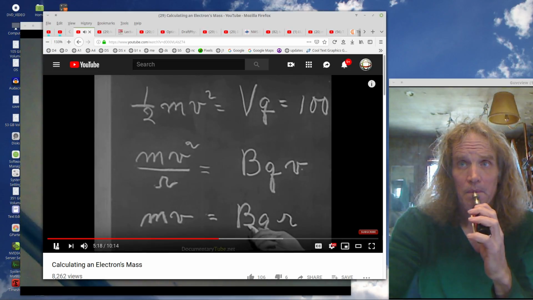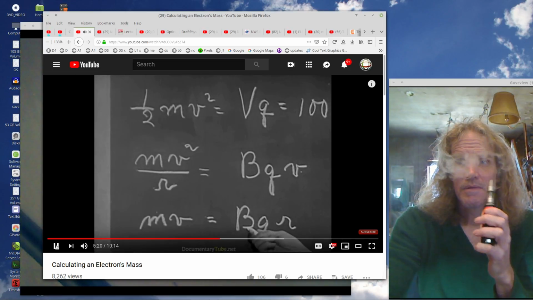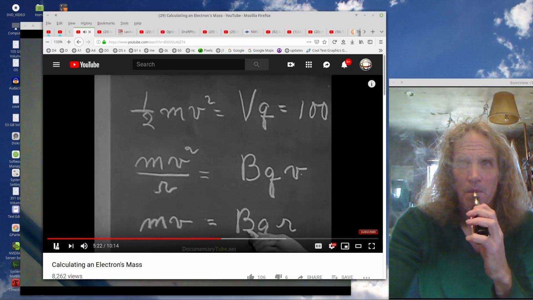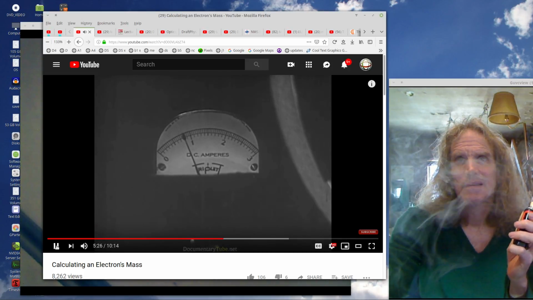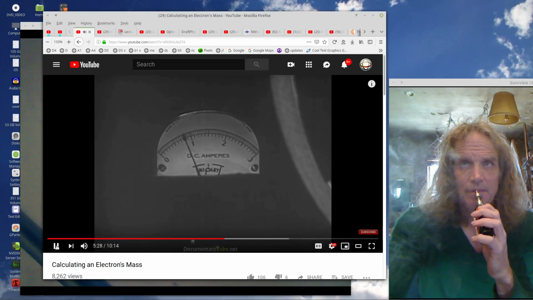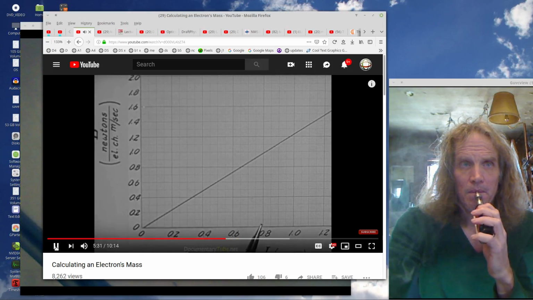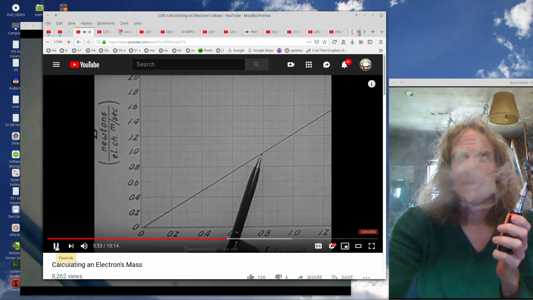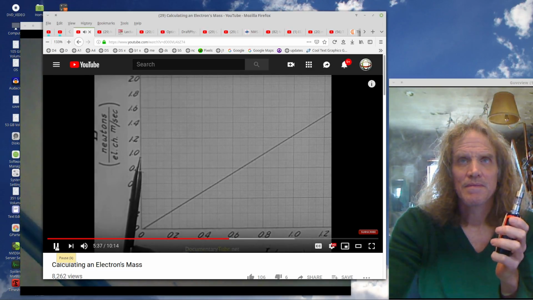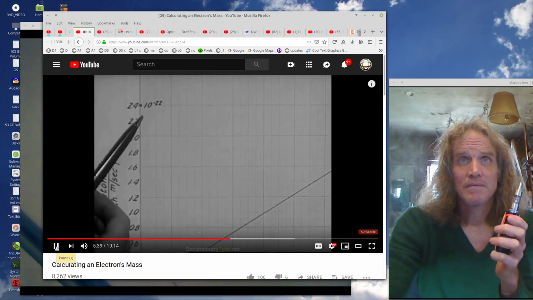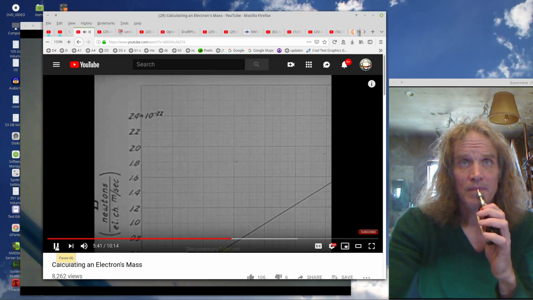We can measure B, the field, by reading the current and using our calibration curve. The current in the coils is 0.79 amperes. That gives, for the field, 0.97 times 10 to the minus 22.